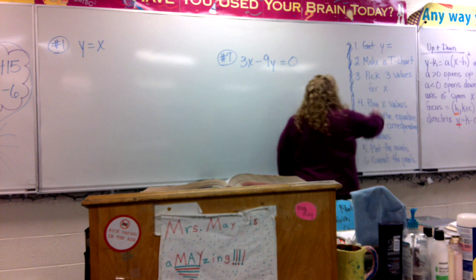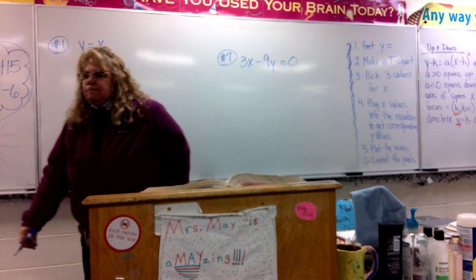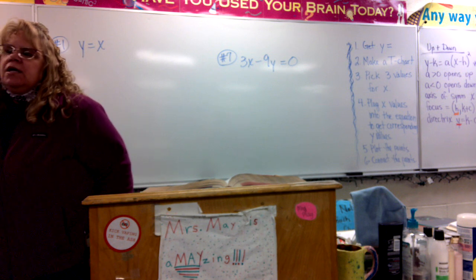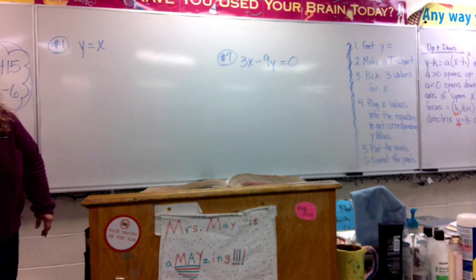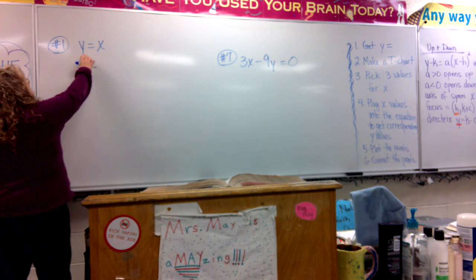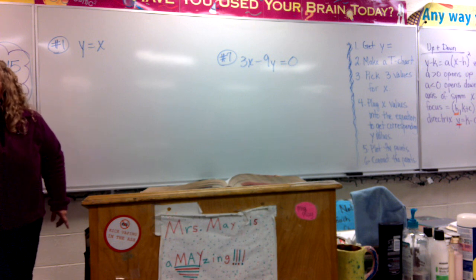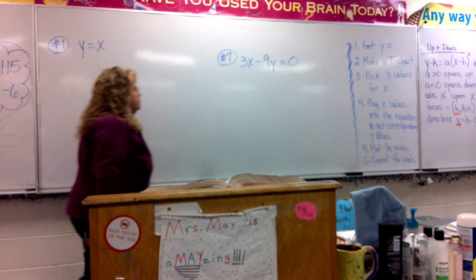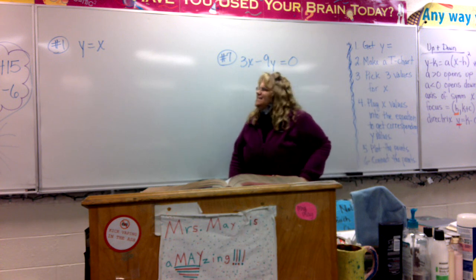Do you see this? I wrote out another method for graphing. First step says get y by itself. Well, guess what? You're lucky, y is by itself already. Step 1 is done. Step 2, make a T-chart.